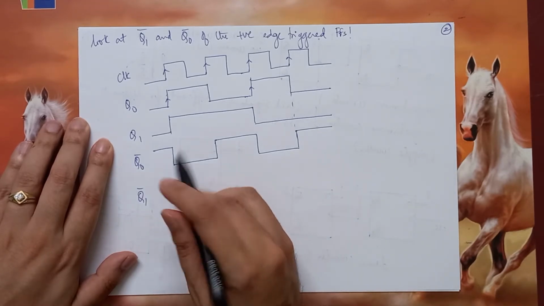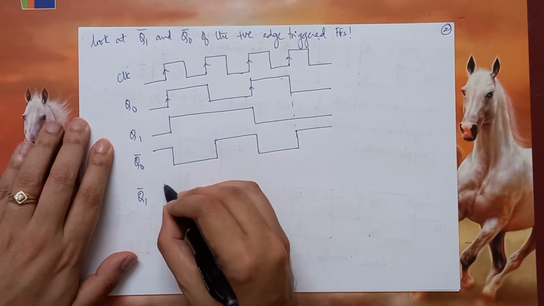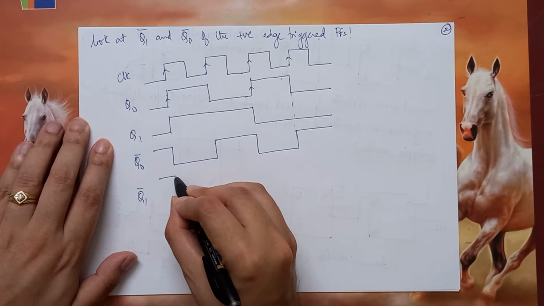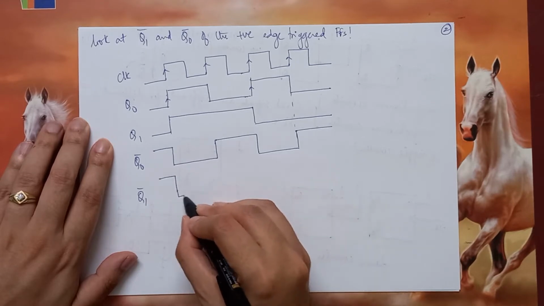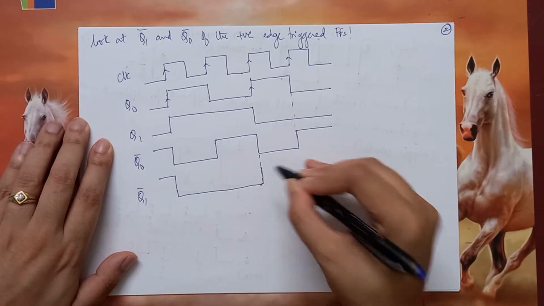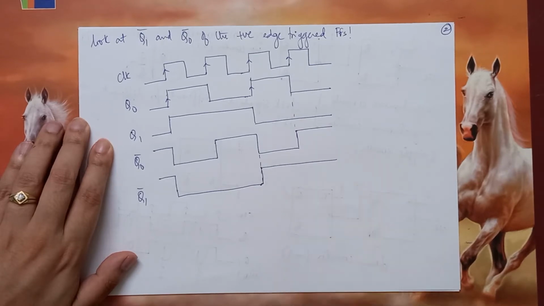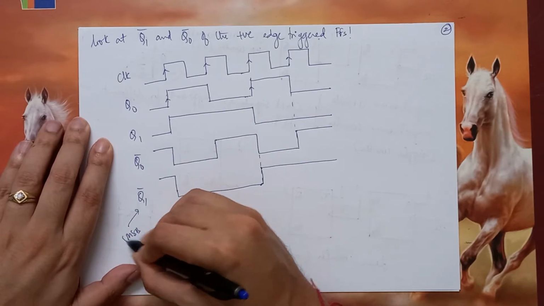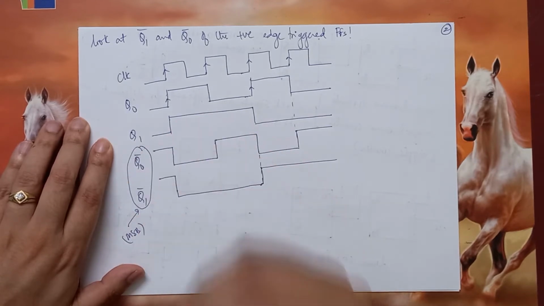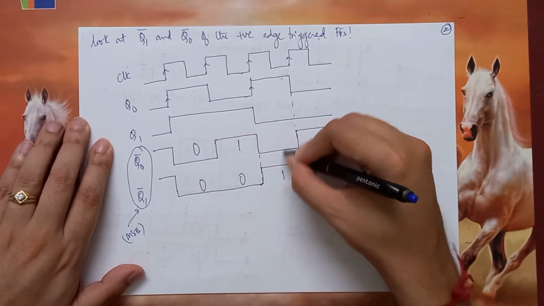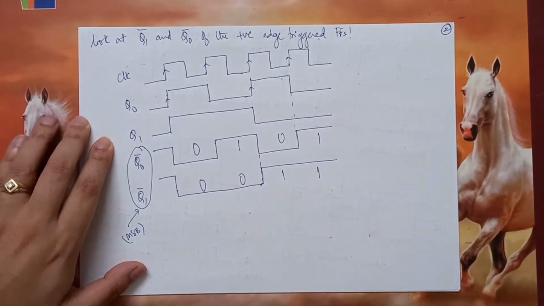Now Q1 bar will be the opposite of Q1. So until here it will be 1, then 0 all the way till here, and again 1. So if you assume that Q1 bar is the MSB of the 2-bit number, you see this is 0 0, 0 1, 1 0 and 1 1.